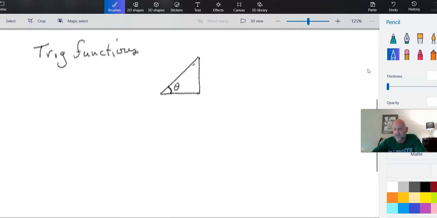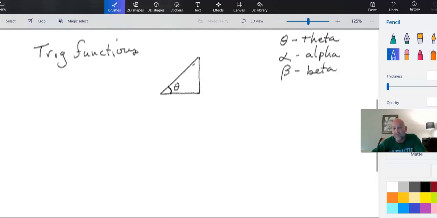And so theta is a Greek letter. It looks like an O with a line across the middle of it. And that's one of the Greek letters that we'll be using. Some of the other ones we'll use that are pretty common: that's alpha, that's beta.